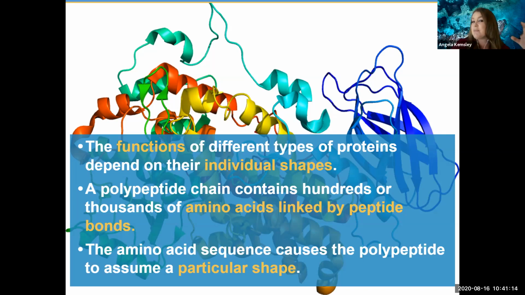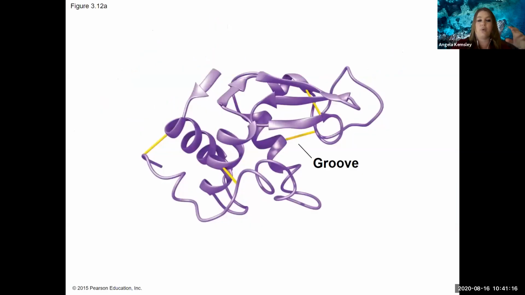So the shape of a protein is going to be very important. There are actually 4 different levels of protein shape that we're going to touch on briefly. Again, I'm not terribly worried that you understand everything about each of the 4 levels of shapes. Just be aware that there are 4 levels of shapes of a protein and know basically what each level is.